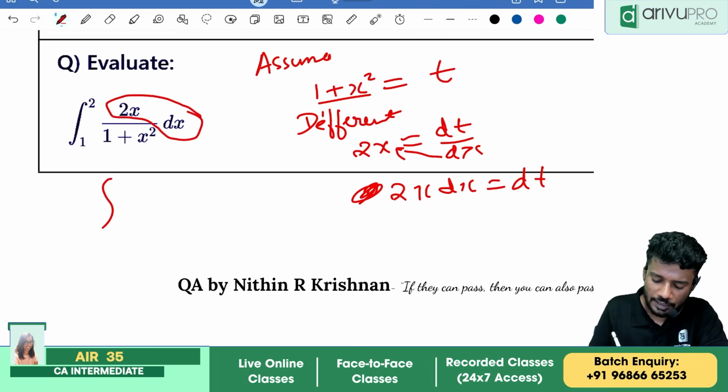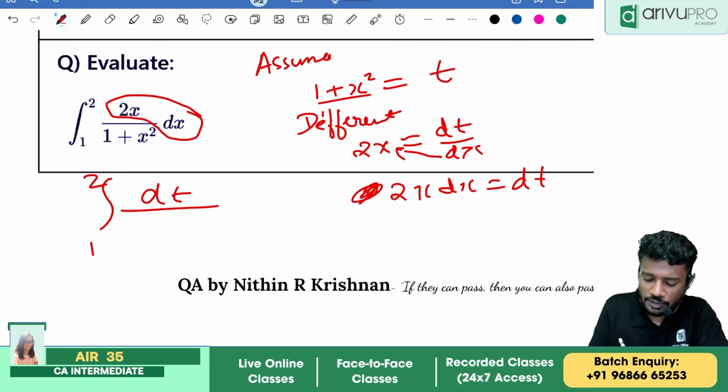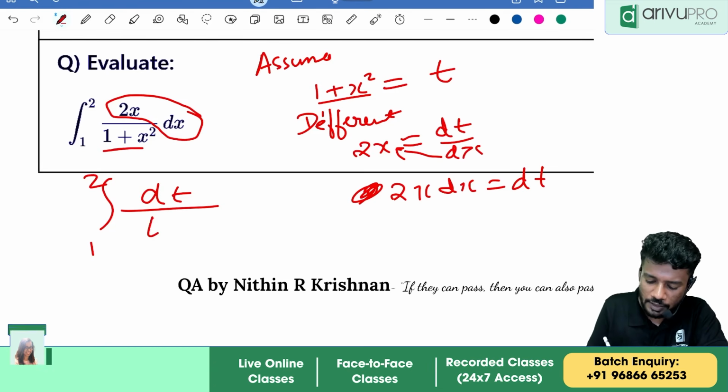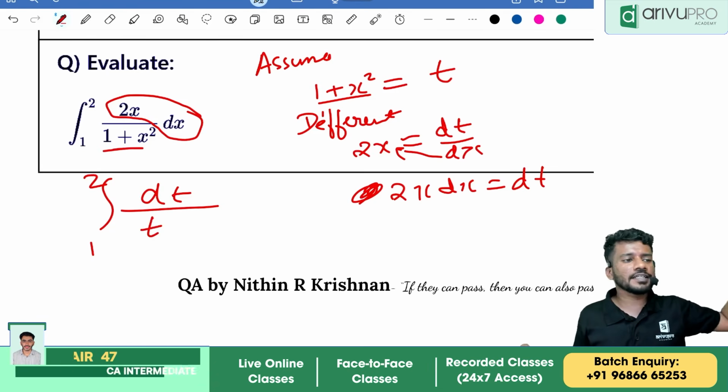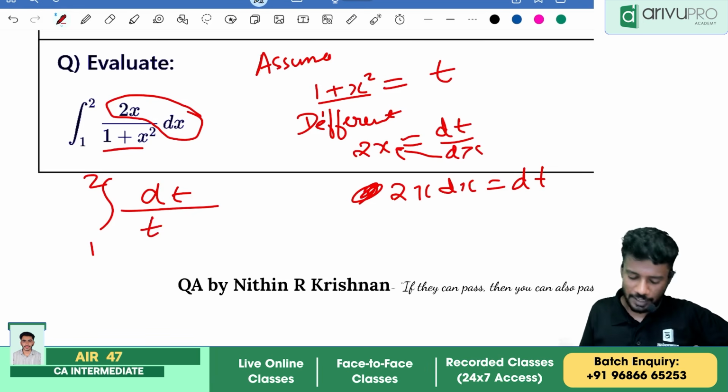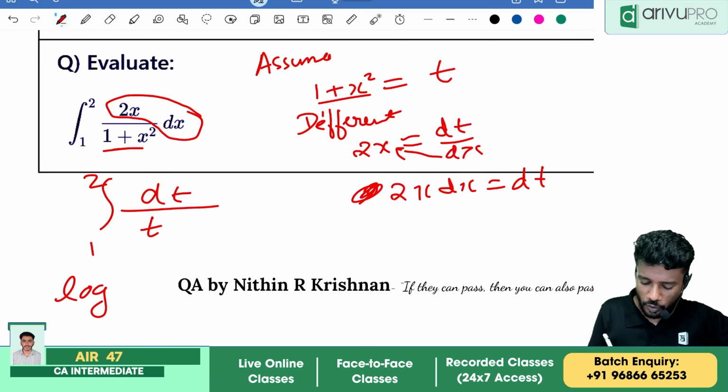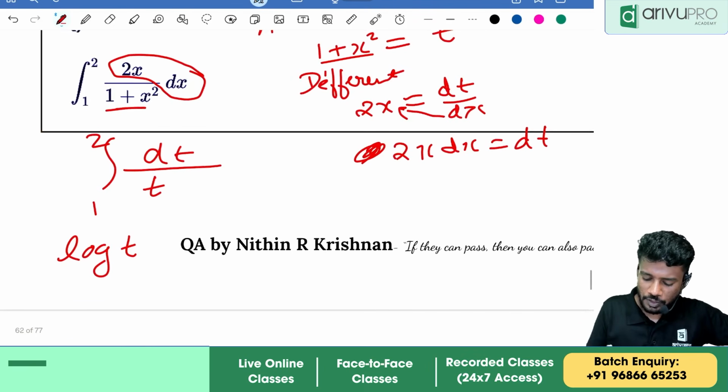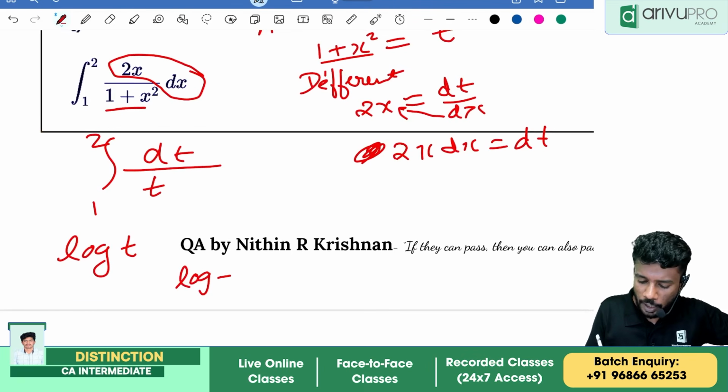So can I write integral from 1 to 2 of dt divided by t, instead of 1 plus x square? Now what is the integral of 1 by t dt? That is nothing but log t. But instead of t, we put 1 plus x square.